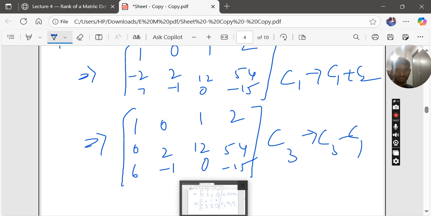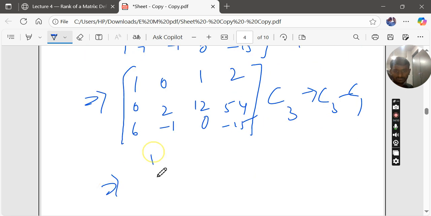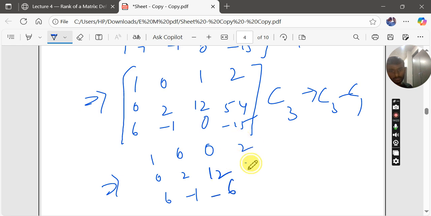Then 1, 0, 6, 0, 2, minus 1, 0 and 12 and minus 6.